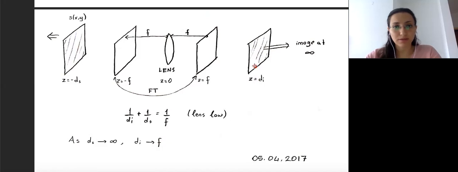We can also look at this result by using the Fourier transforming property of a lens and also the Fraunhofer propagation principle.